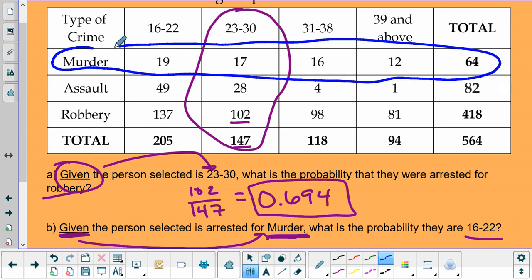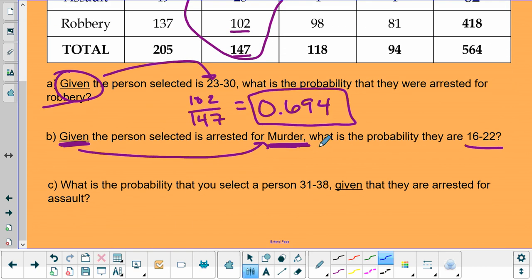You are not looking at anything else in the table except for that row. So your new total is 64. The probability that they're 16 to 22 is 19. So you've got 19 out of 64, which gives me 0.297 if I use my rules of rounding there.